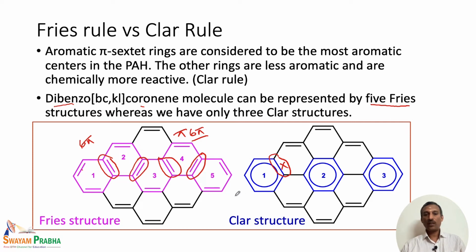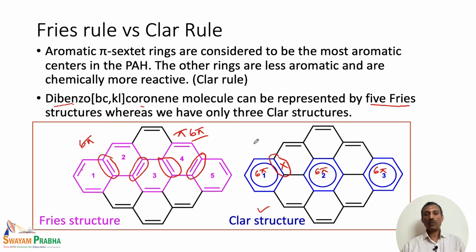So, in the Clar structure, we have one aromatic ring with 6 pi electrons, then another benzene ring with 6 pi electrons, another benzene ring with 6 pi electrons. So, like that we have only 3 benzene rings having 6 pi electrons. These are disjoint, that means they are not connected to the next one. So, this structure is called the Clar structure for that particular polyaromatic hydrocarbon.